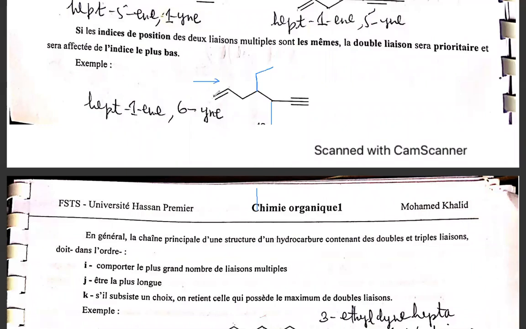At position 1, 2, 3, 4, at position number 4, we have the ethyl. Then at position 5, what do we have? Methyl.